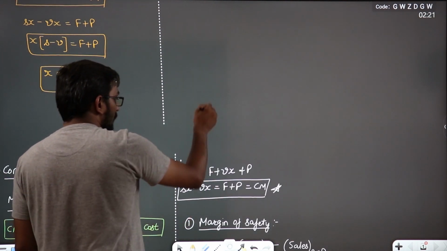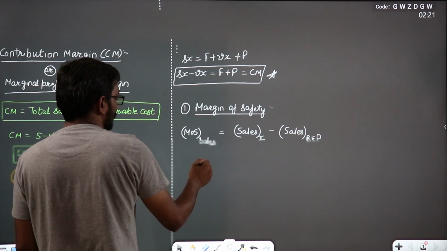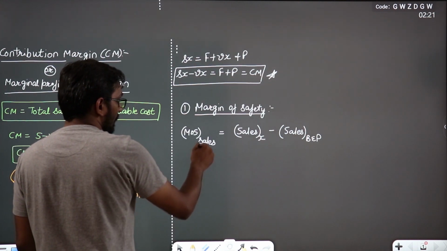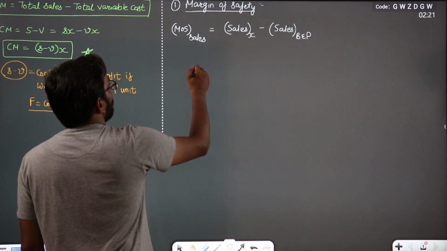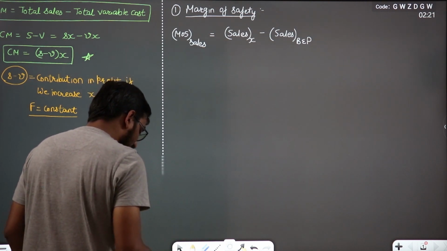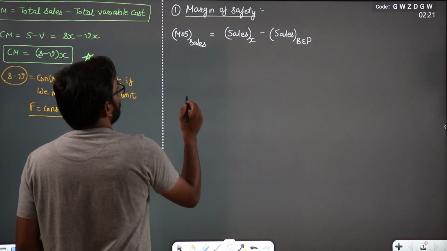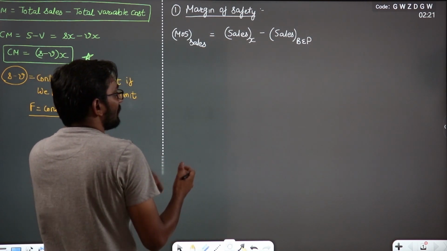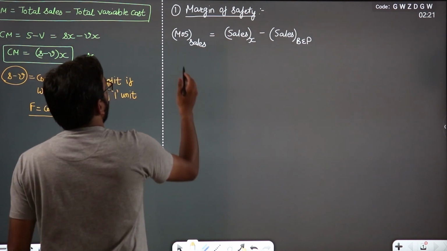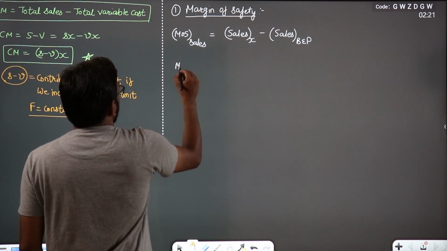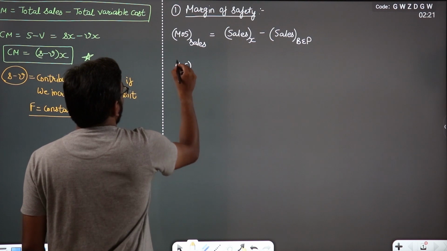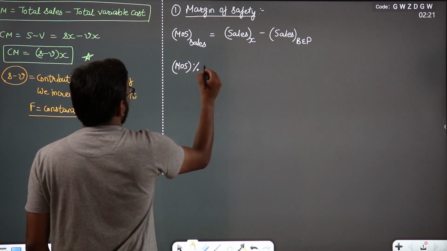Now, in some questions they may ask what will be the margin of safety percentage. What is the percentage of margin of safety? How much percentage are you far from the danger point? So you may find the margin of safety in terms of percentage.